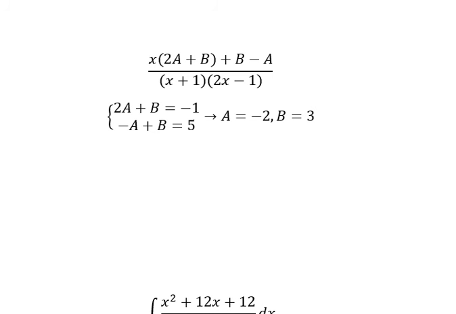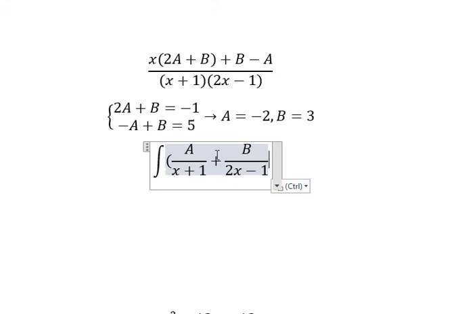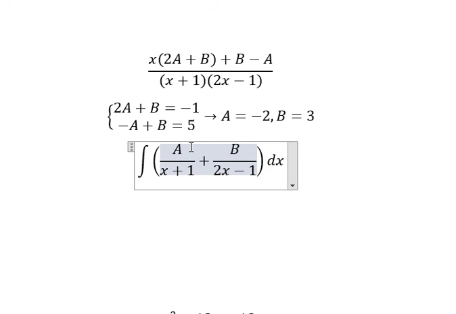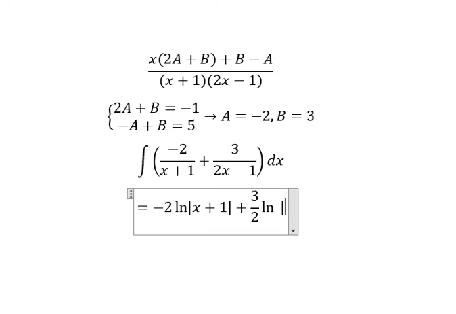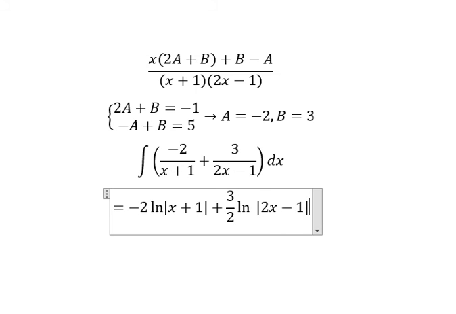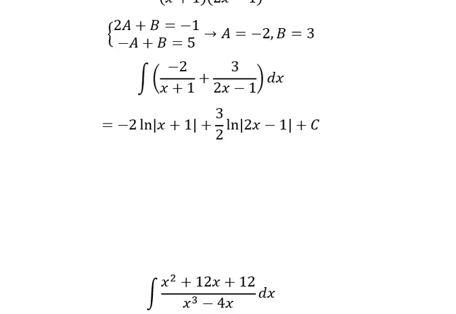And now we got the final answer. The integration of this one, you get negative number 2 ln of the absolute value of s plus 1. The integration of this one, you get 3 over 2 ln of the absolute value of 2s minus 1. And we put c. And this is the final answer.